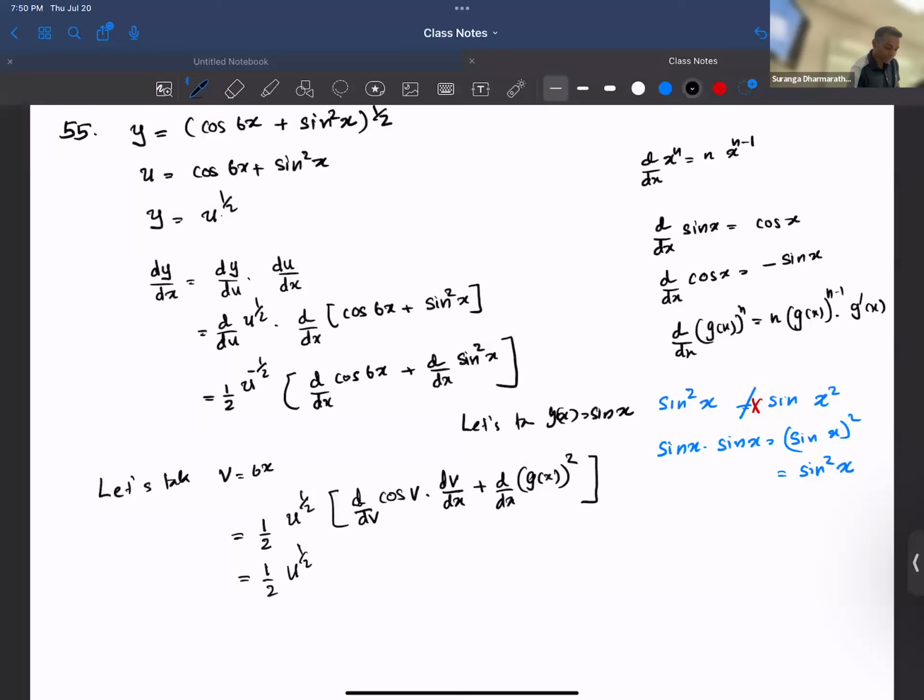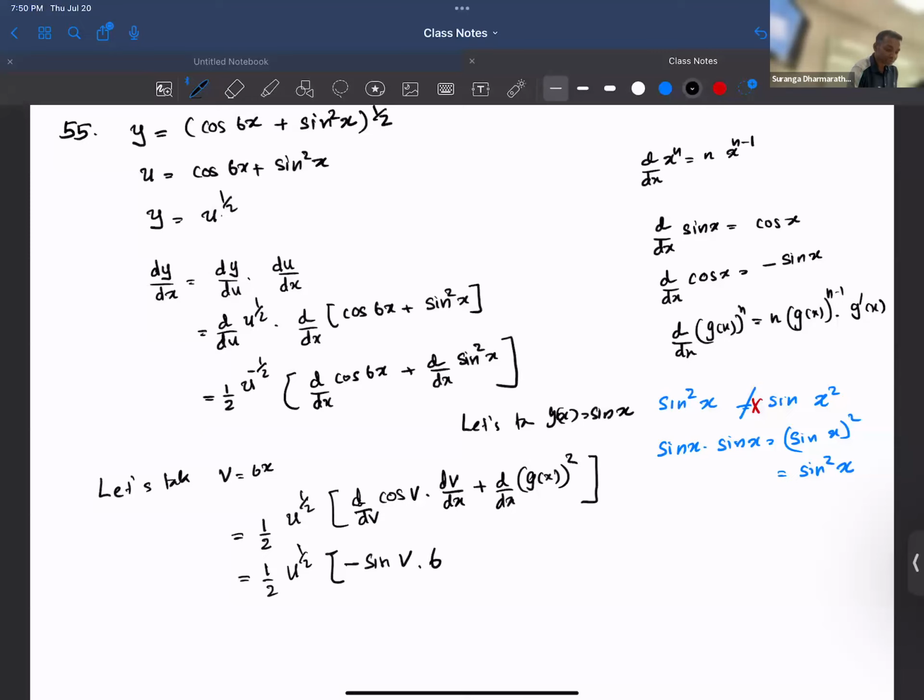what is d over dv cosine v? What is d over dv cosine v? What is that? It's in here. Negative sine v. And what is dv over dx? What is v? v is 6x, and then dv over dx is 6.